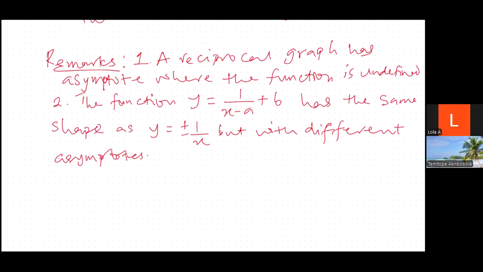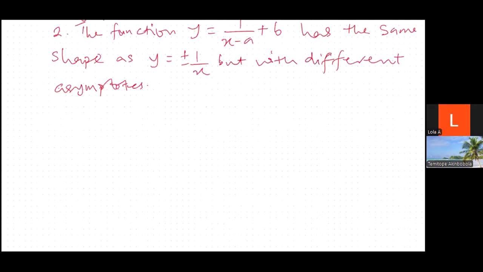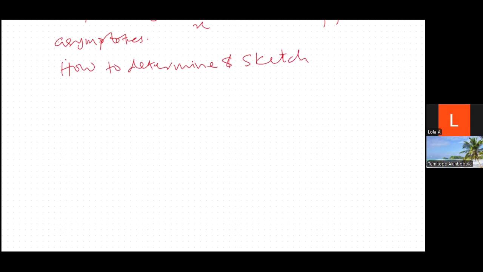Okay. So the next thing we'll now do is how to determine and sketch an asymptote.